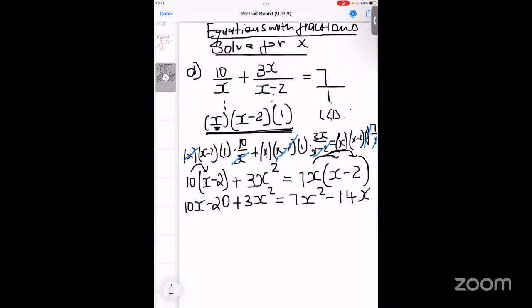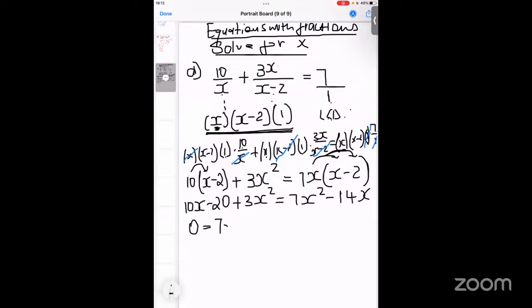So you can take all these things on the left and move them to the right hand side, or take these things on the right hand side and move them to the left. The reason why I'm saying take them to the right is because you want to remain with 0.